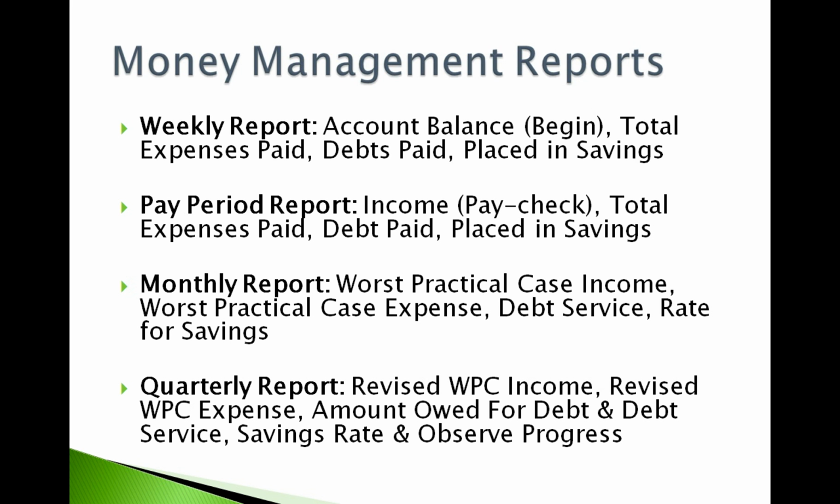So if you guys know, when I was talking about the worst practical case expense and worst practical case income, I told you guys that you have to go back 3 months. So the 3-month figure is going to be the quarterly report. So what you guys are going to do every quarter is have a quarterly report, and that one's going to have a revised income and expense for the worst practical case.